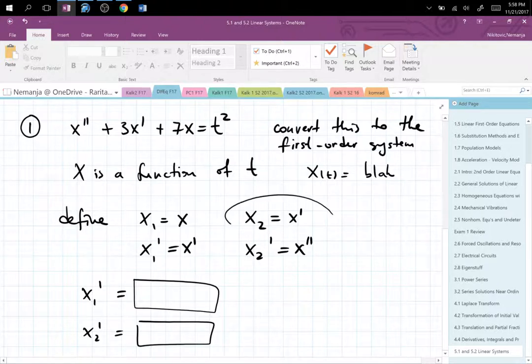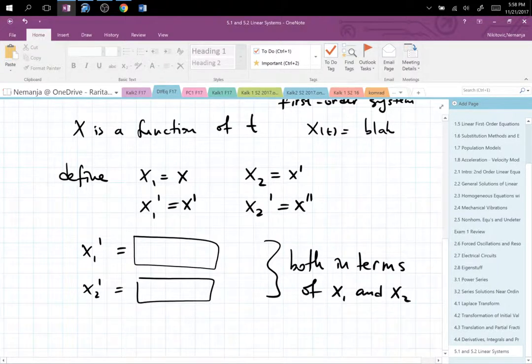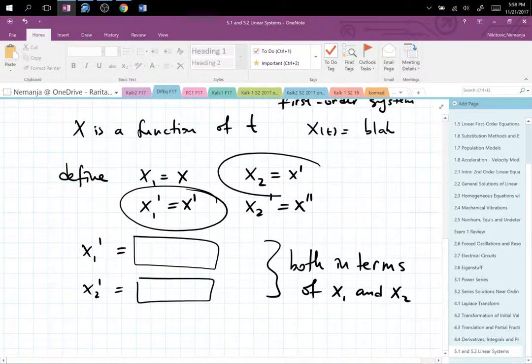Luckily we know that x prime is equal to x2, both in terms of x1 and x2. So you're no longer allowed to have a single x. You have to have x1s and x2s everywhere when you do this.